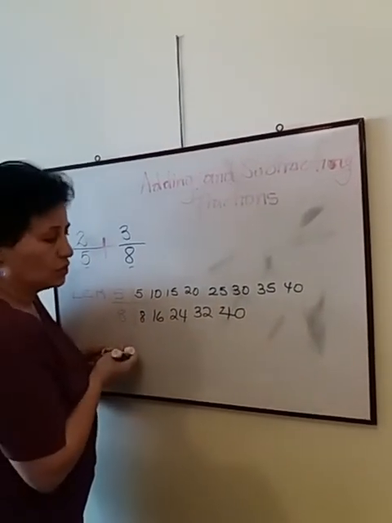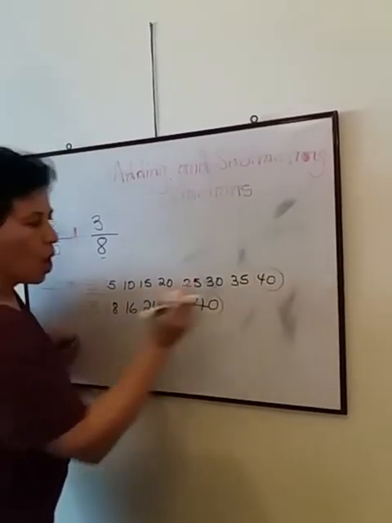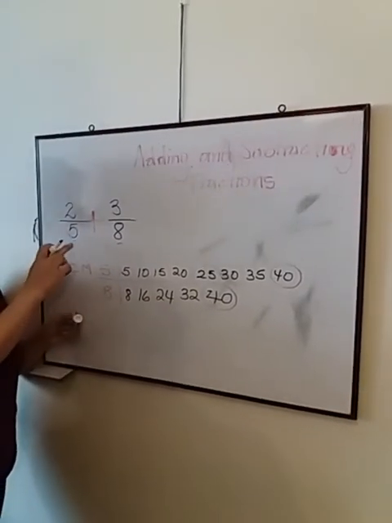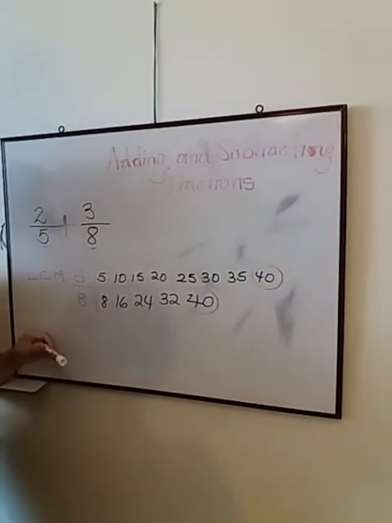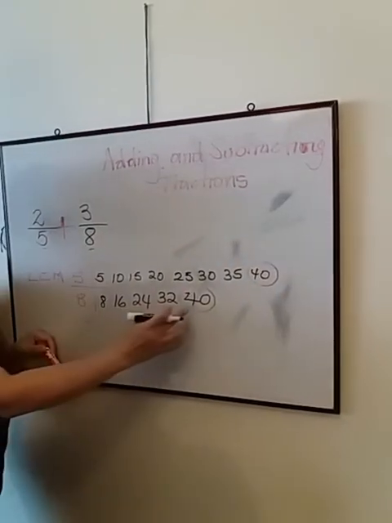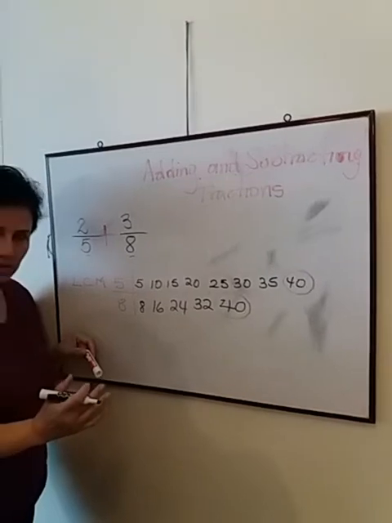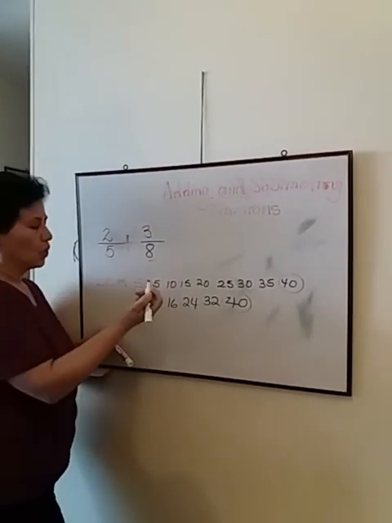Wow, I found the least common multiple. That means that I need to multiply 5 times something to obtain 40, and 8 times something to obtain 40, to have equivalent fractions of these ones, but with the same denominator.